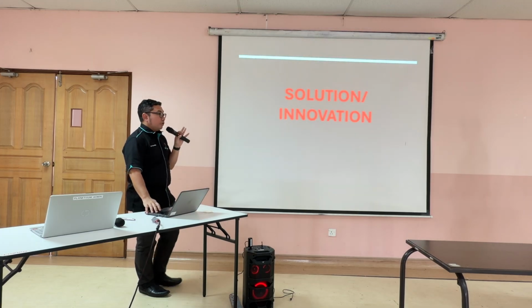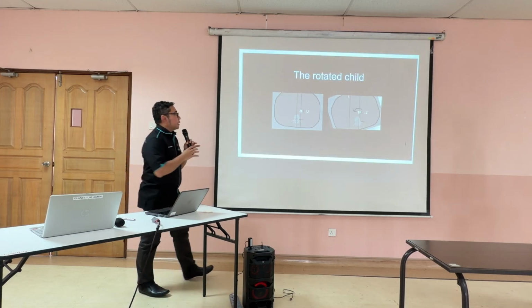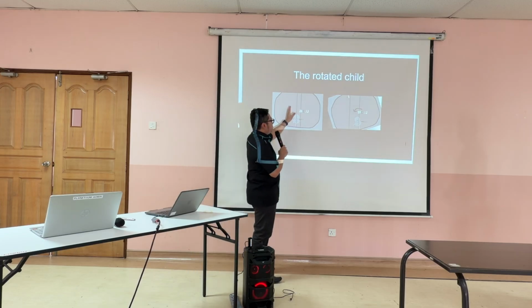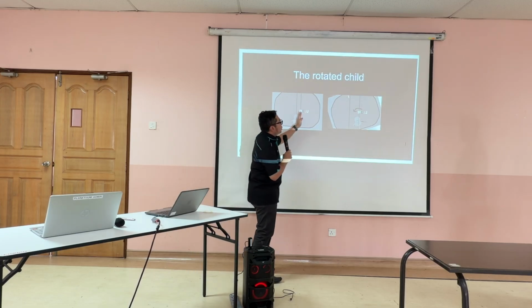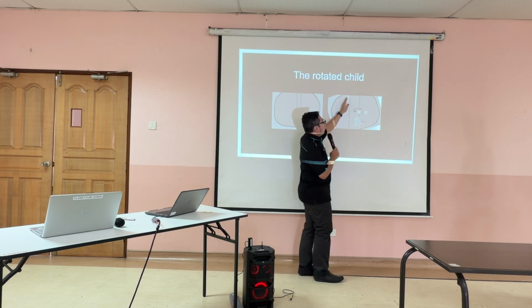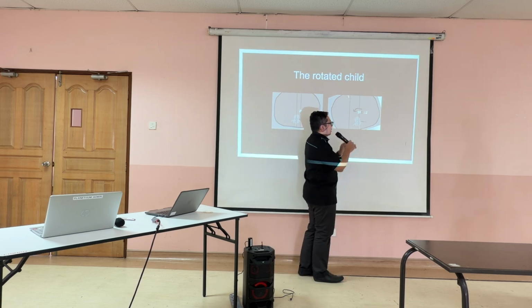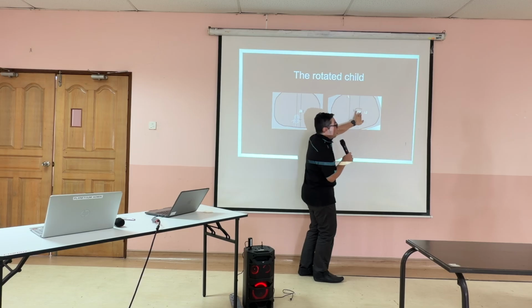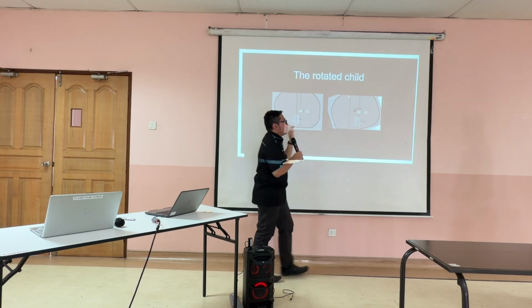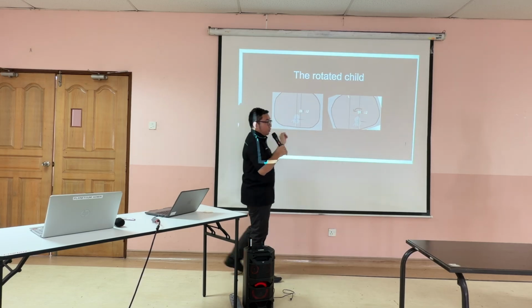So the solution or innovation that I do is, okay, this is a rotated child, this is the vertebral body. The DJ must be on the left of the vertebral body. But when the patient is a bit rotated, the DJ position will be on the right. So you're not sure whether this is a real malrotation or not.